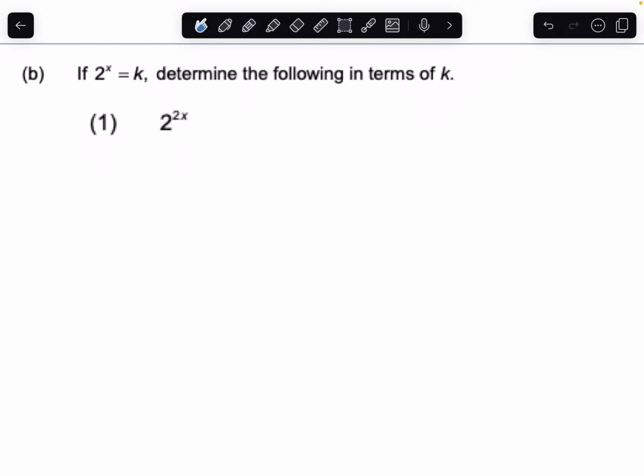First part of the question: if 2 to the power of x is equal to k, some number, determine the following in terms of k. First we have 2 to the power of 2x.